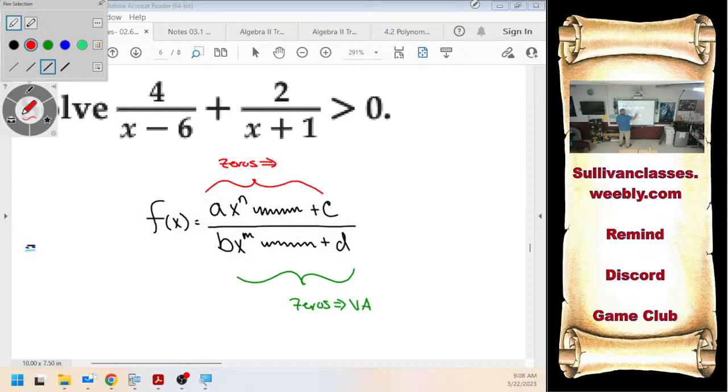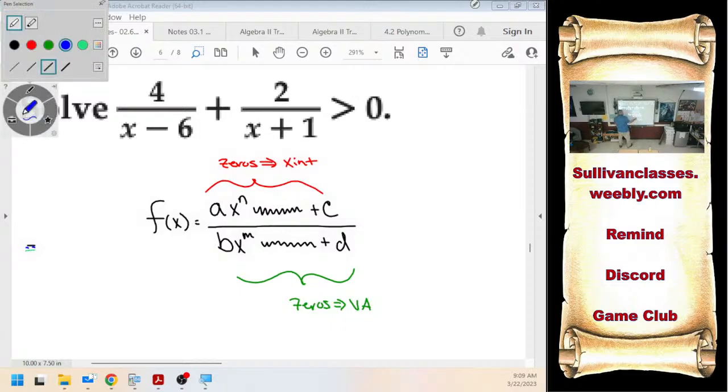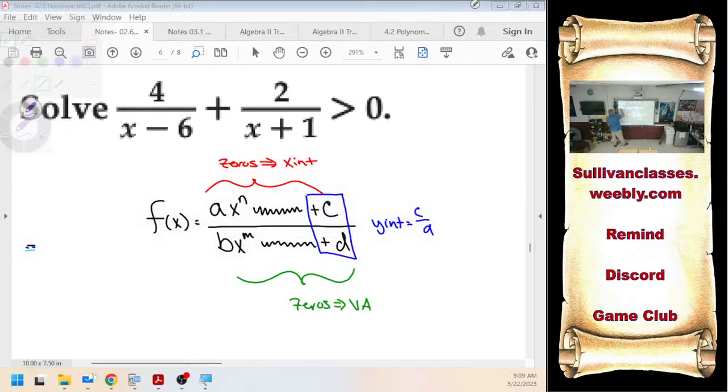Zeros of this get me x-intercepts. Those are the things that I really need here because those are the things going on my number line. But if I also go find my y-intercept, and find my horizontal or oblique asymptotes, it can inform the behavior to tell me whether it's above or below an axis.